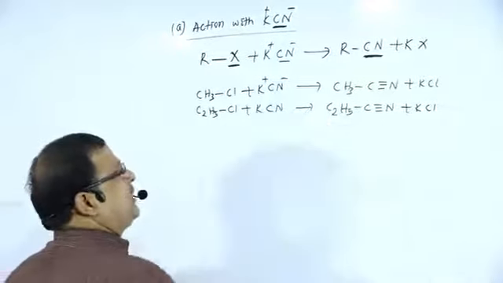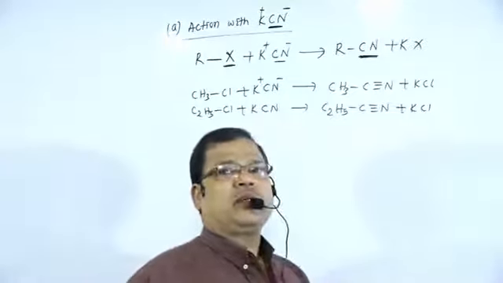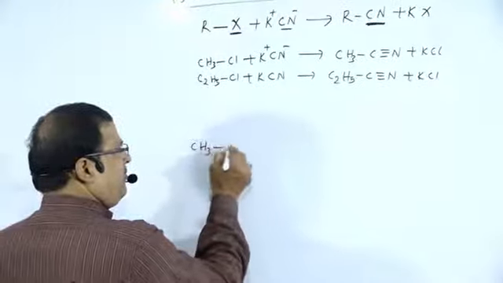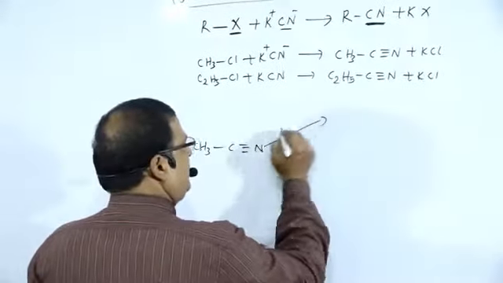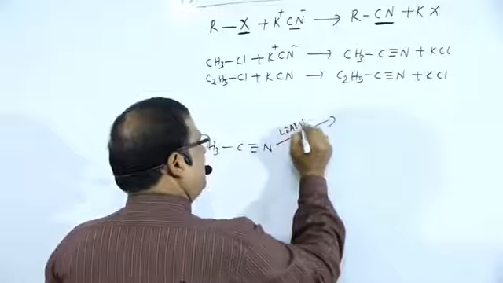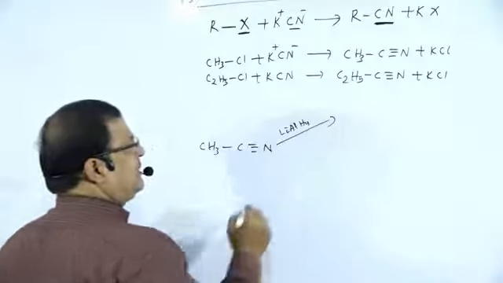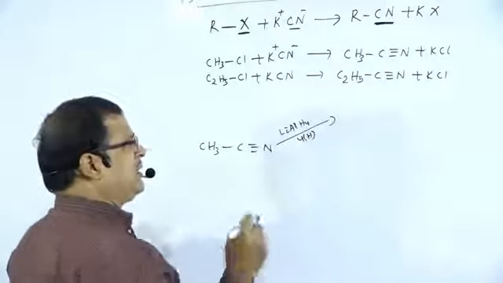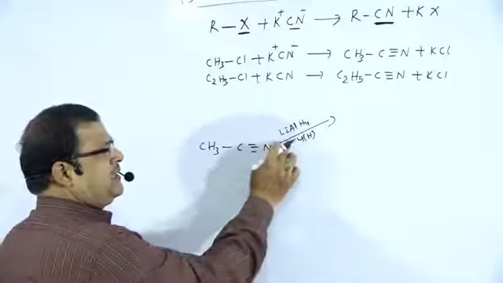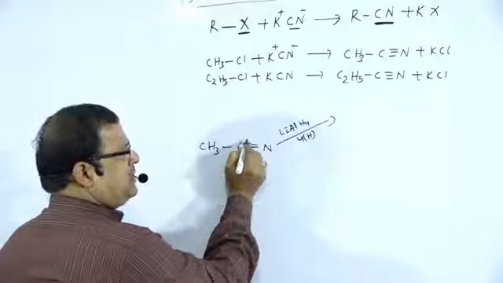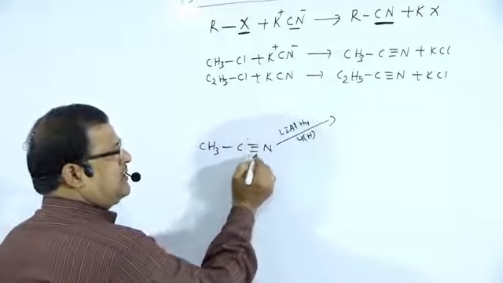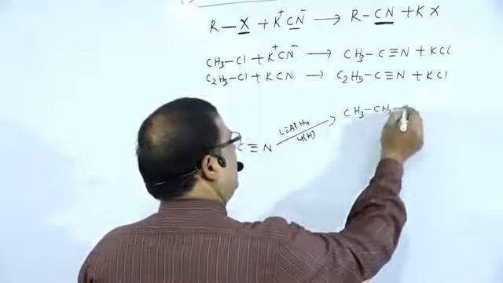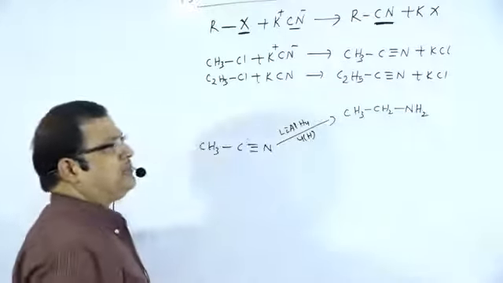So the alkyl cyanide so formed will give different products under different conditions. For example, methyl cyanide treated with LiAlH4, lithium aluminum hydride, that is 4H, is a reduction. The alkyl cyanide is reduced, the triple bond breaks by the addition of H, and there is the formation of CH3 CH2 NH2, a primary amine.